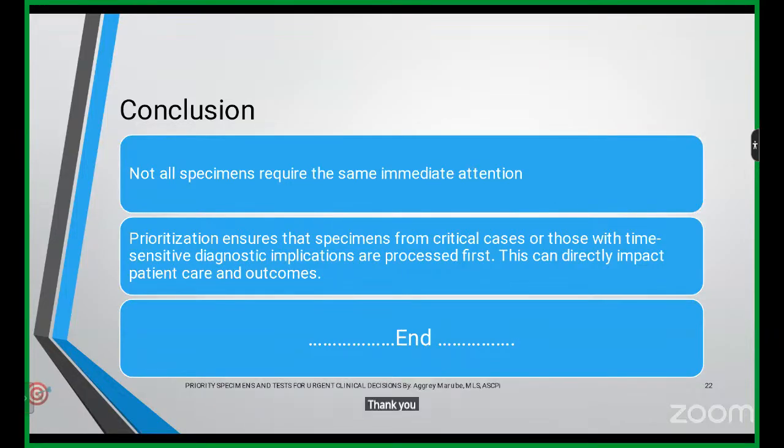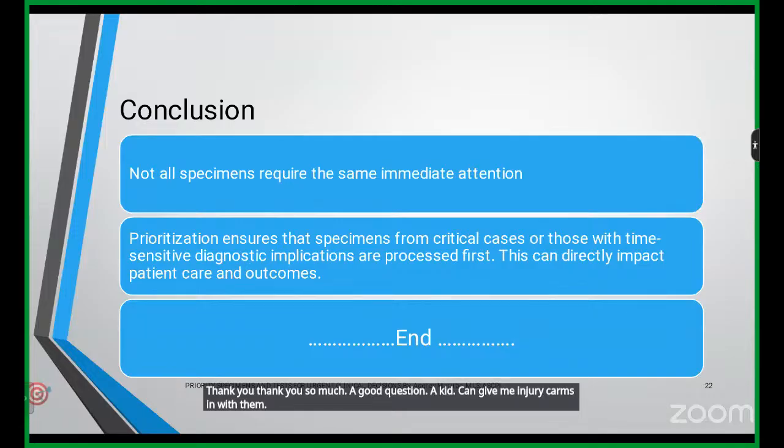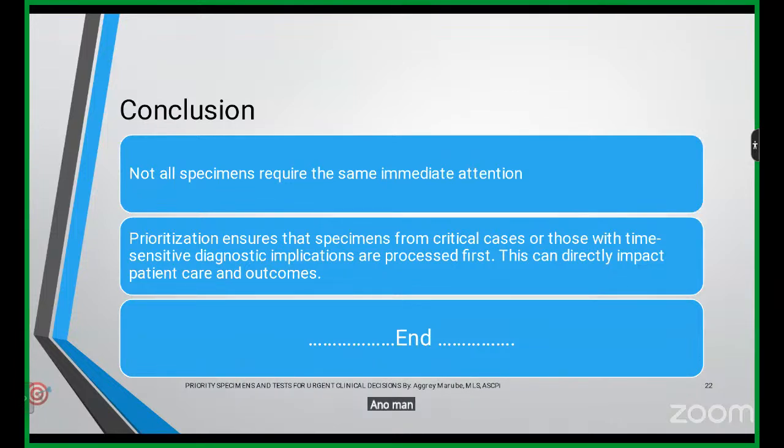Thank you. That's a good question. Acute kidney injury comes with certain parameters that are very key, especially potassium. When potassium is deranged in a patient, we should handle it as a critical value. It must be reported immediately.